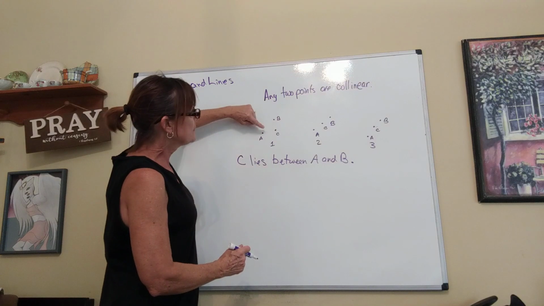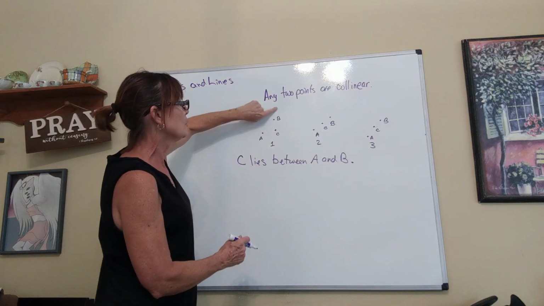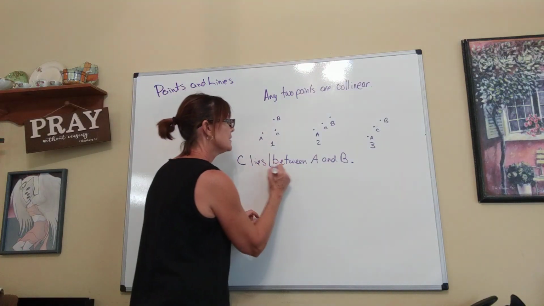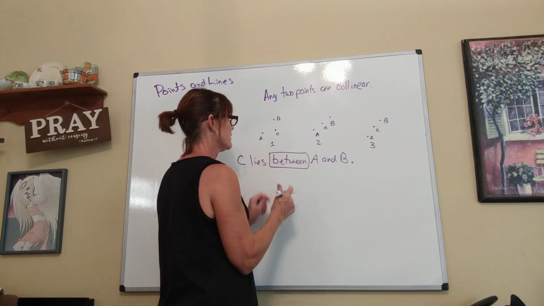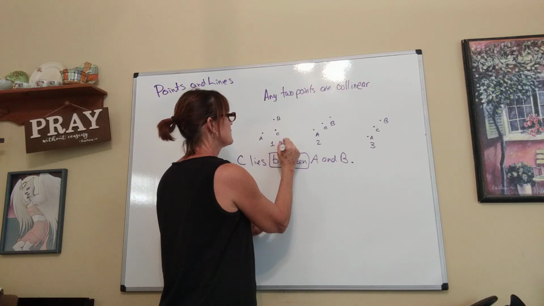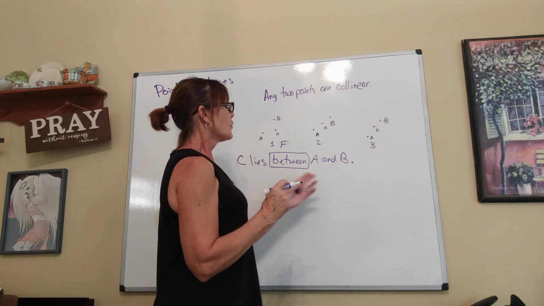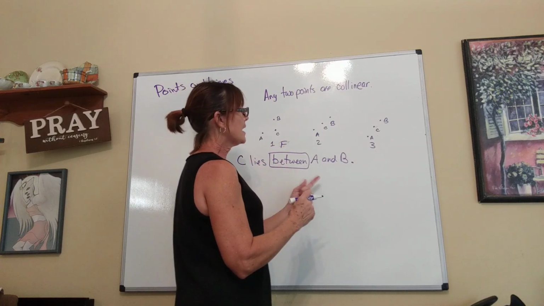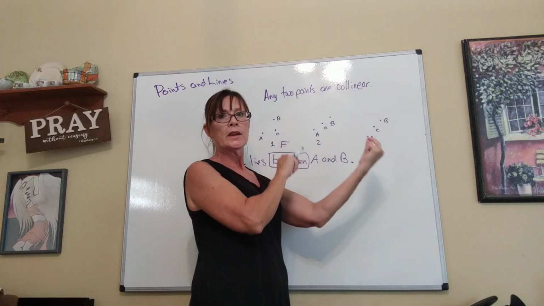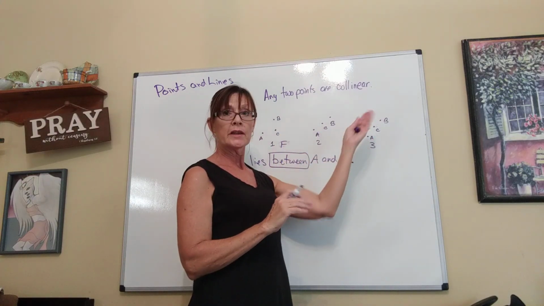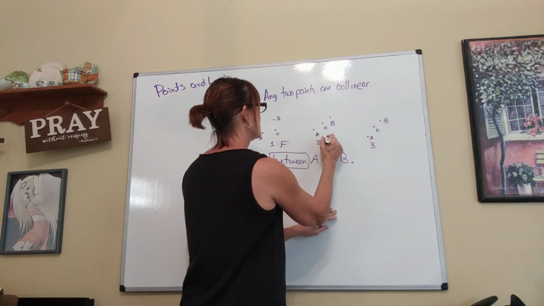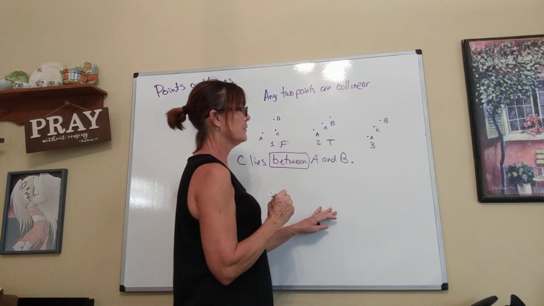Well, C is between A and B, but it's not collinear, so that does not meet what we are saying here. So for 1, the answer is false. For this one, C lies between A and B. Well, right here, C is between A and B, and it's also collinear, so this meets both of those, so we'd say that this is true for number 2.